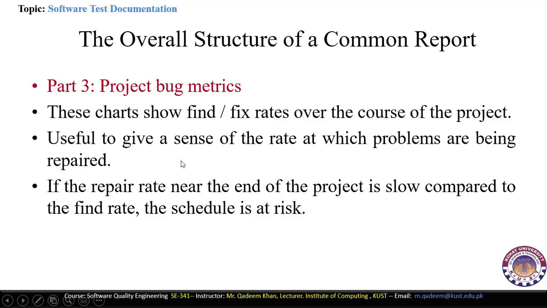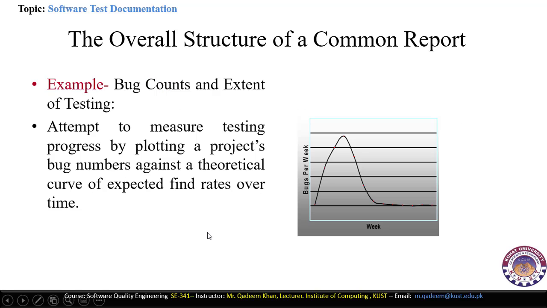So if the repair rate at the end of the project is slow compared to the find rate, the schedule is at risk. It means that the schedule may slip or become longer, because if the repair rate of the project is low compared to the find rate, then the project schedule will be disturbed.